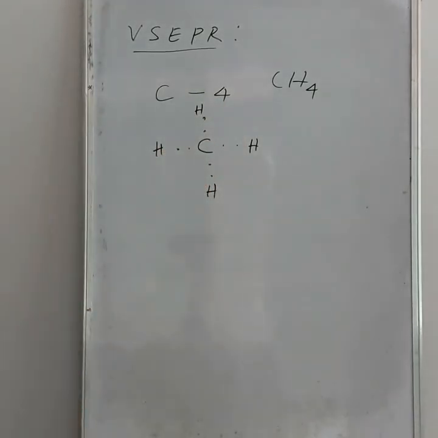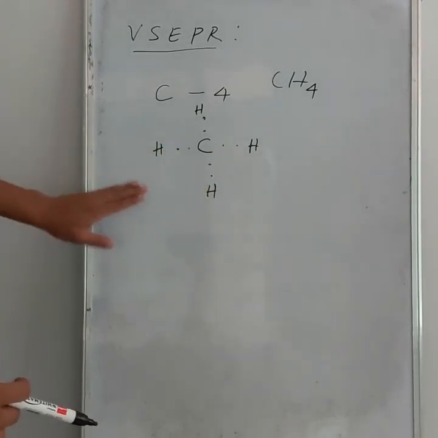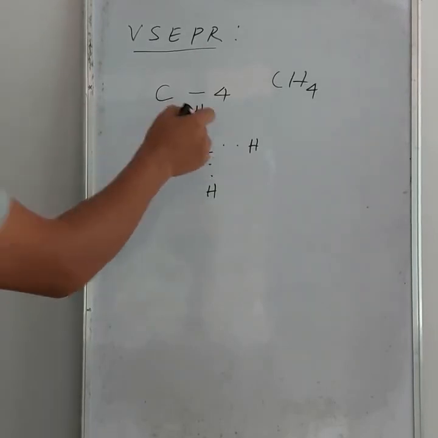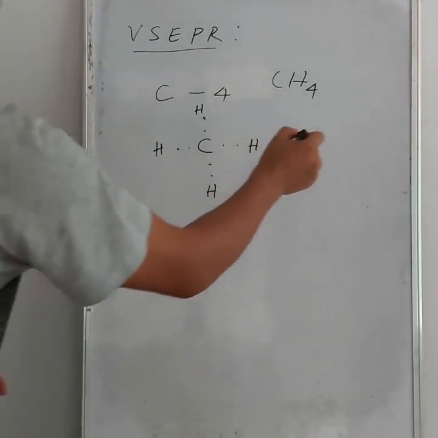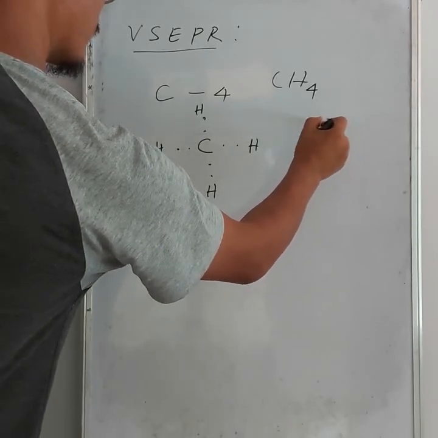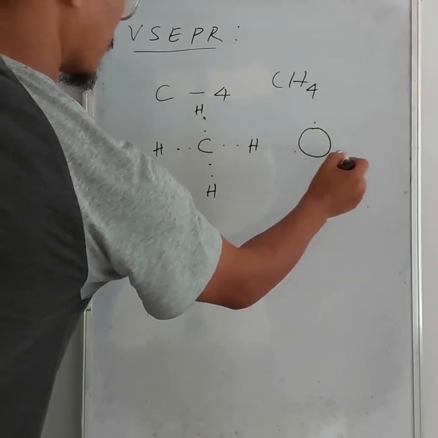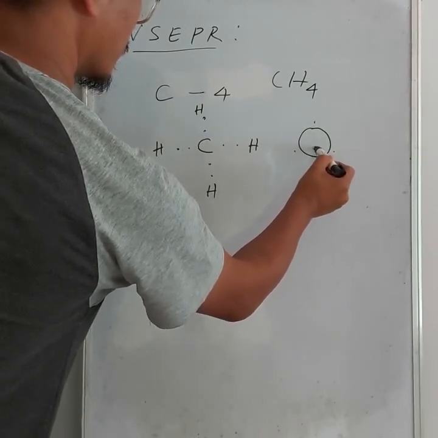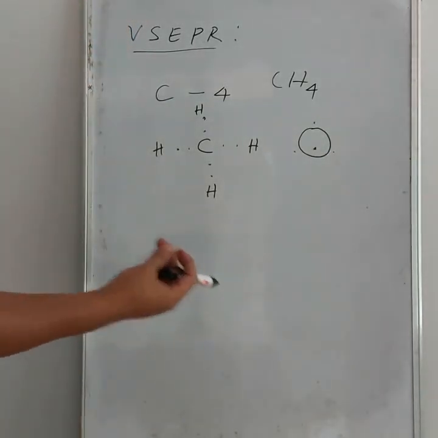So methane will be like this. But since the atom is spherical in shape, if you think about this structure, this is a two-dimensional, planar structure. In reality, if you think in terms of a sphere, these 4 atoms will be placed like this, one behind the screen, with equal distance apart.